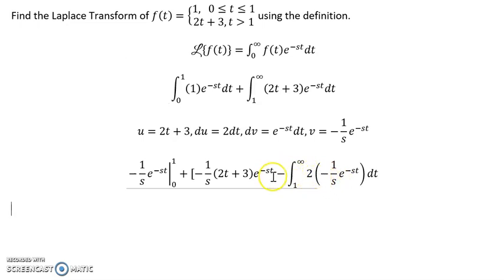So we can pull the 2 outside, we can pull the 1 over s outside, we can cancel the 2 negative signs.